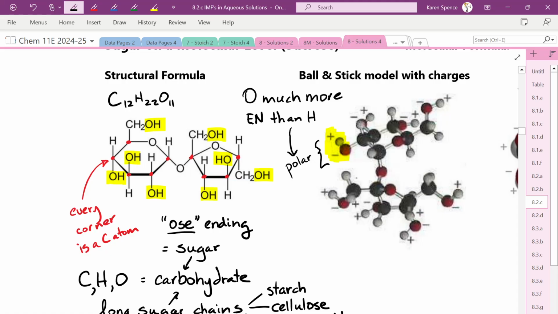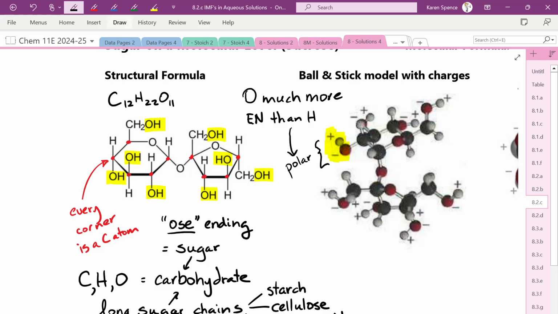So you have a positive and a negative, and a positive and a negative, all over the place. You end up with these little positive areas all around the outside of the sugar and these little negative areas all around the outside of the sugar.